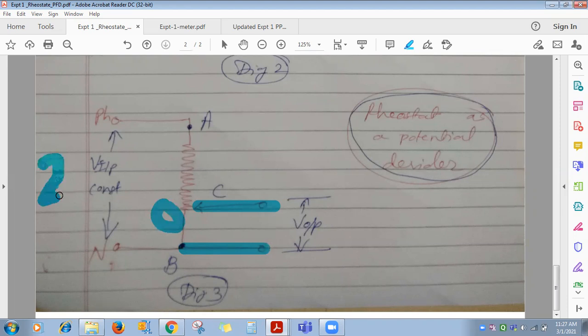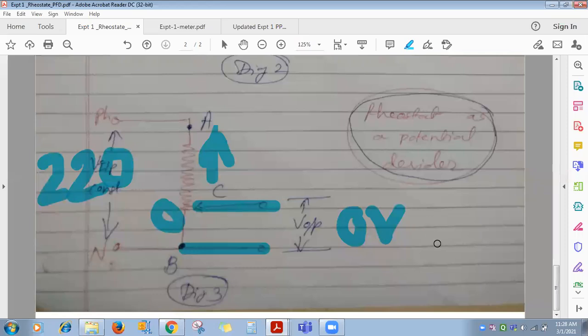So even if input voltage is 220 volt, what is the output side voltage? 0 volt, because no turns are there across C and B. Now you go on moving this sliding point contact gradually from O toward A. So turns across C and B on the secondary side will go on increasing. Means voltage across the secondary output side will go on increasing. And this changing voltage means it is acting as a potential divider.